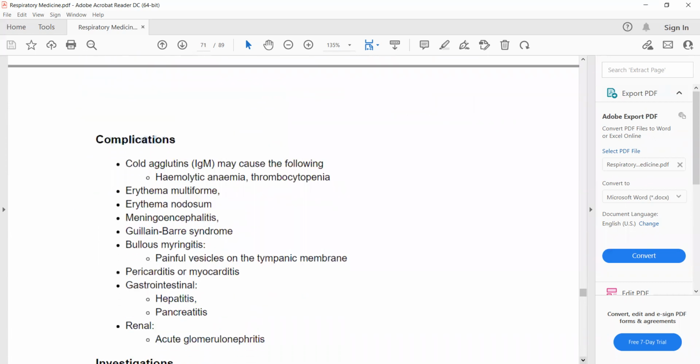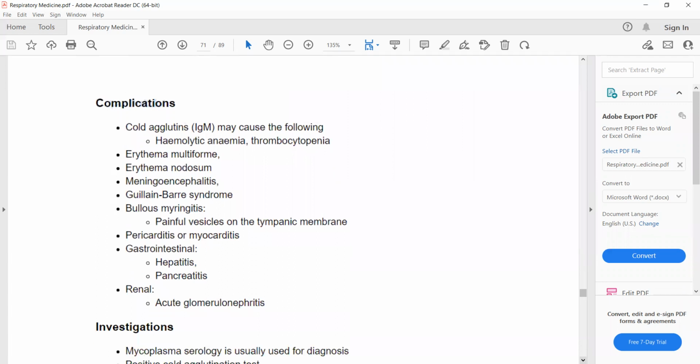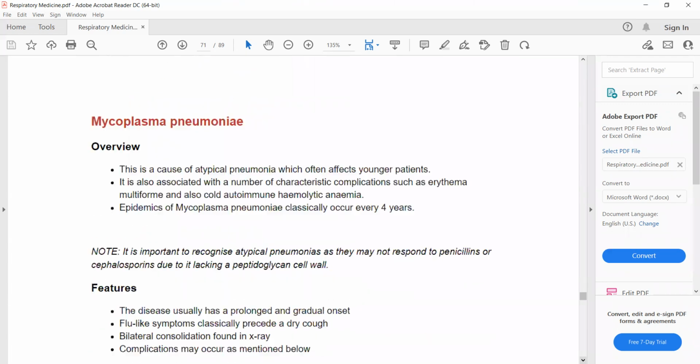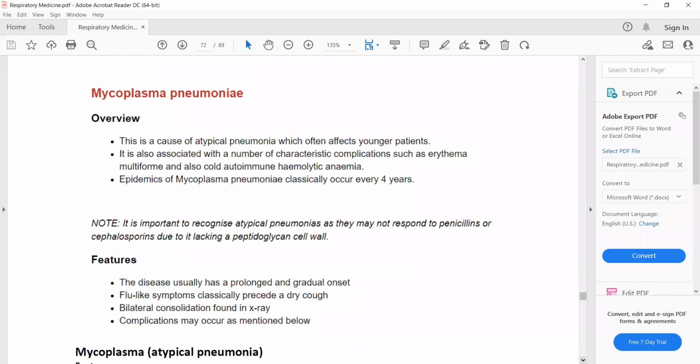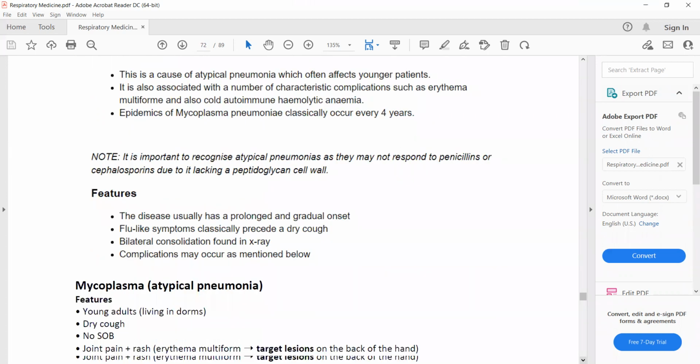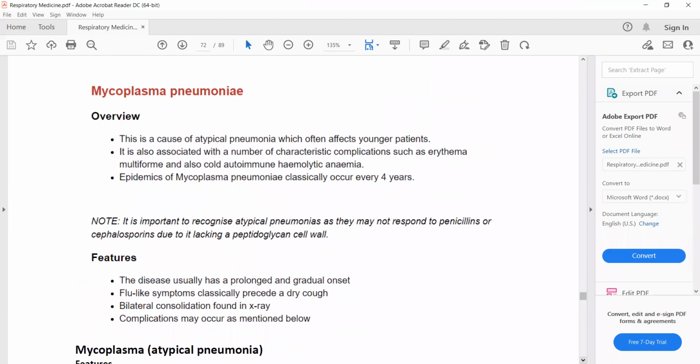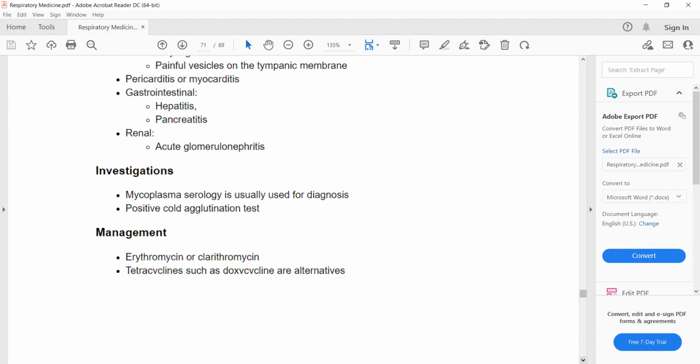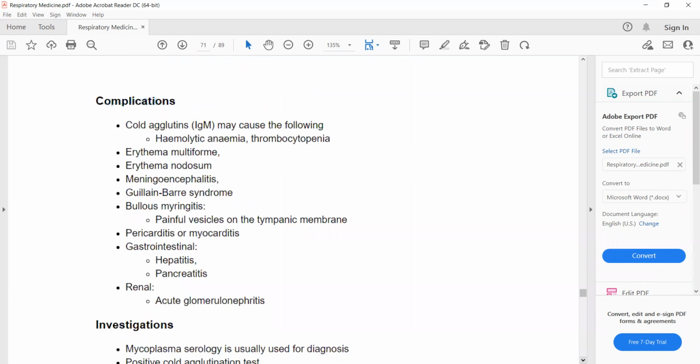Mycoplasma pneumonia also causes atypical pneumonia, bilateral consolidation on X-ray, and one important point for it is erythema multiforme. Hemolytic anemias can also be associated with mycoplasma because the antibodies that are formed against mycoplasma can cause agglutination of RBCs.